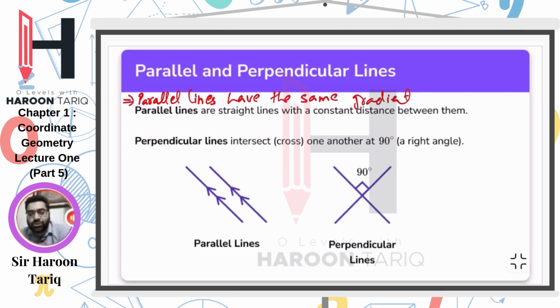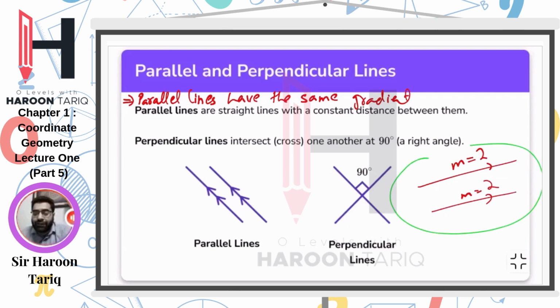For example, if this is a line and this is a line, both are parallel, m of this line, m means gradient, is 2. Then m of this line is also 2. If you know the gradient of one line, its parallel line would have the same gradient. You can see the slope is same for both.